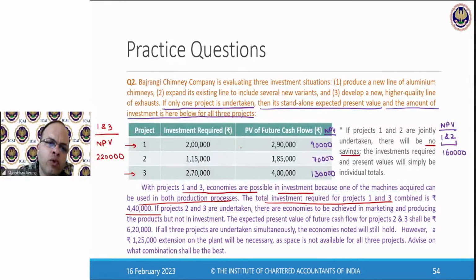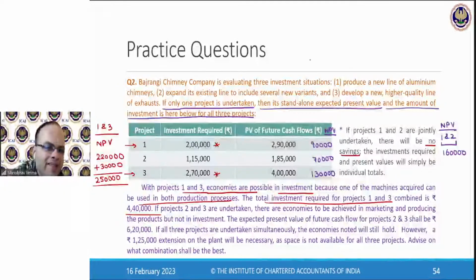How did I get 470, guys? 2 lakhs plus 2 lakh 70 is 470. But they're giving us 440. That means there is an increase in NPV by 30,000. Am I correct? My NPV will be actually 250. Guys, if you can correct me if there is some issue here. Everyone with me on this? 1 and 3, 250. 220 was normal, 90 plus 130.